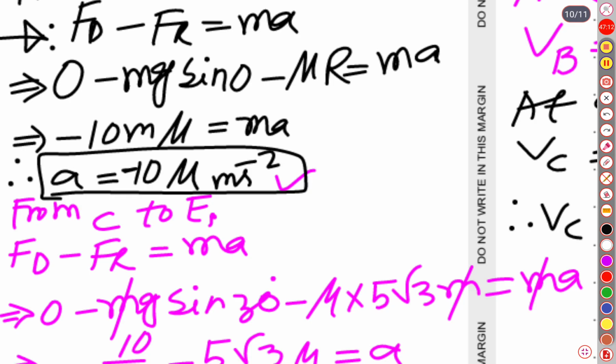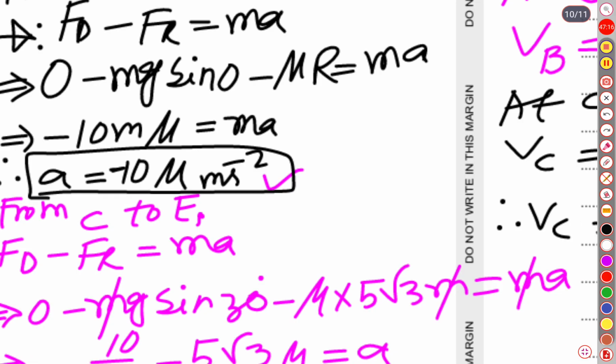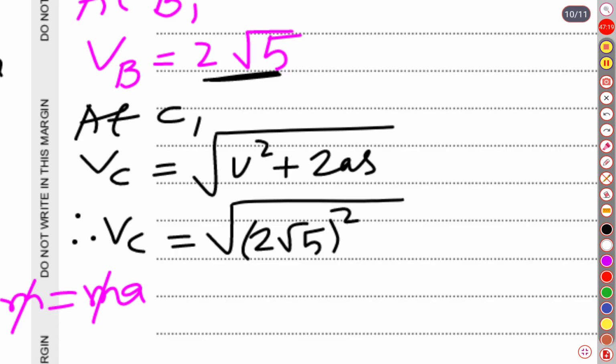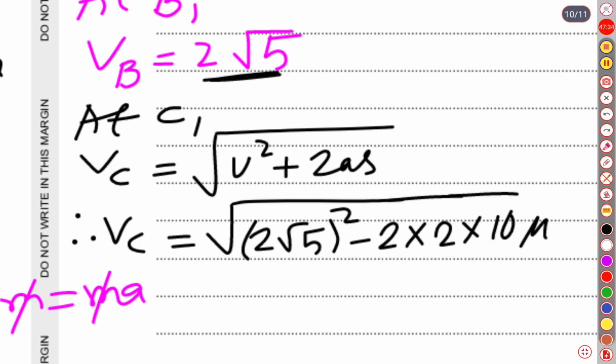We forgot to use the negative symbol. So it is negative 10 mu. So it is going to be minus 2 into 2, because the length of each section is 2, and the acceleration is 10 mu. We have got 10 mu.